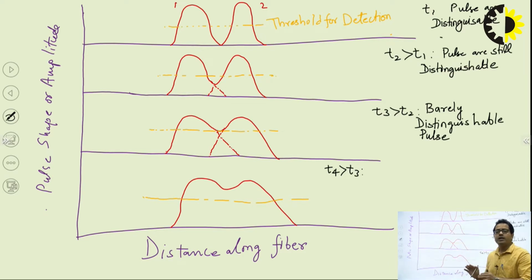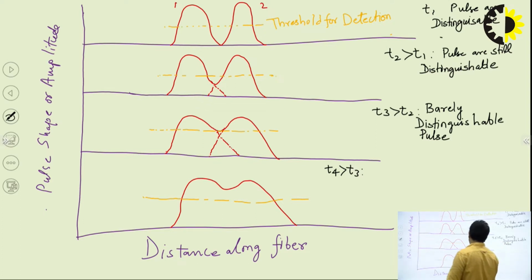In this way, we can say how the dispersion phenomenon is slowly building inside the waveguide. As it builds inside the waveguide, it is definitely going to spread the pulse that is transmitting through the waveguide. When we are not able to distinguish between these two pulses, that phenomenon is called inter-symbol interference, because the two pulses are interfering with each other, and then definitely some values of the signals will be lost.